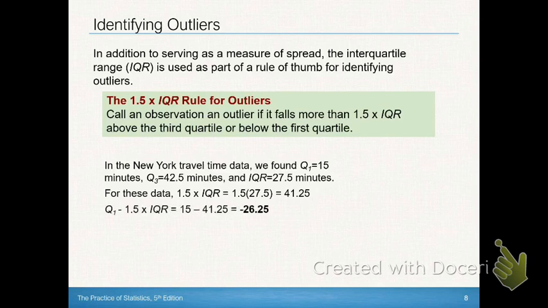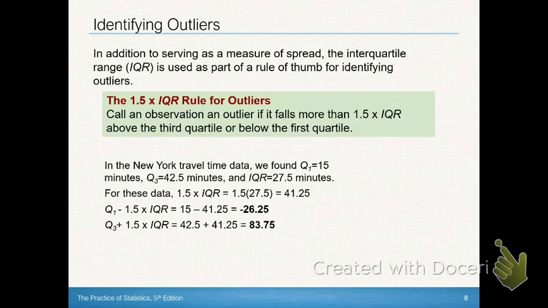We do Q1 minus 1.5 times the IQR, and Q3 plus 1.5 times the IQR. This gives us what we call our cutoff values. Any value smaller than negative 26.25 would be a small outlier, and any number bigger than 83.75 would be a large outlier.